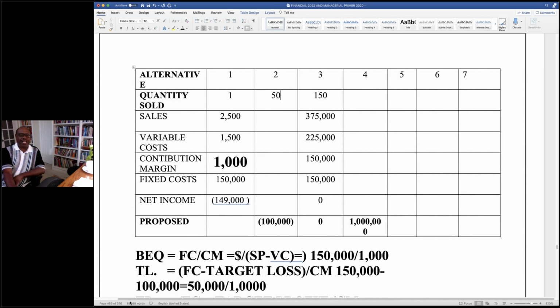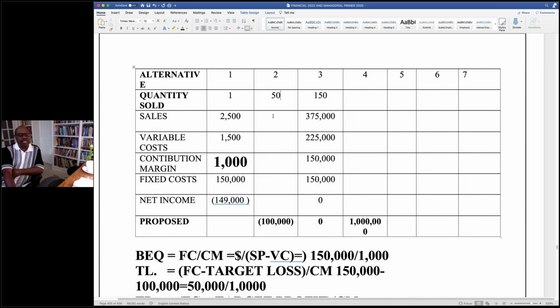In fact, on your project you'll be using these numbers, because you're going to prepare this income statement, and I want to know the quantity that's going to produce this, this, and this. So tomorrow we just do 4 columns: the loss, the break even, and then the income positive for $1 million.